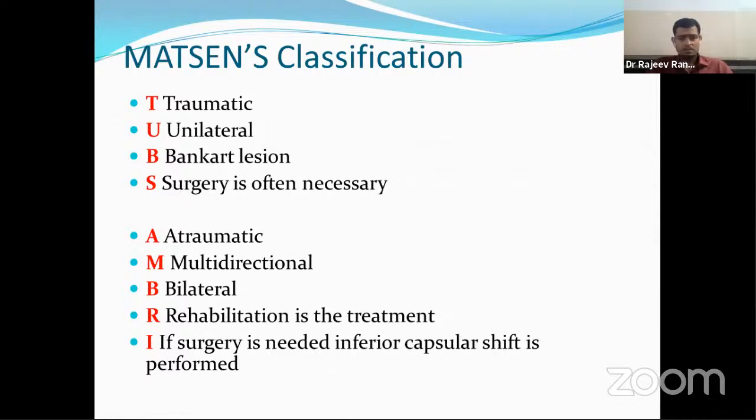AMBRI stands for atraumatic, multidirectional, bilateral, and the primary line of treatment is conservative, that is rehabilitation. And if surgery is needed, the inferior capsular shift is the most preferred surgery for that condition.